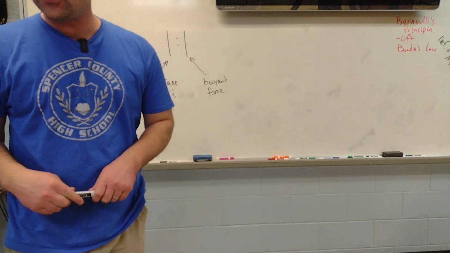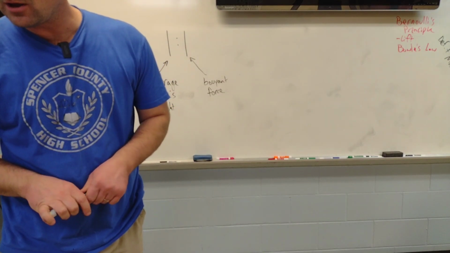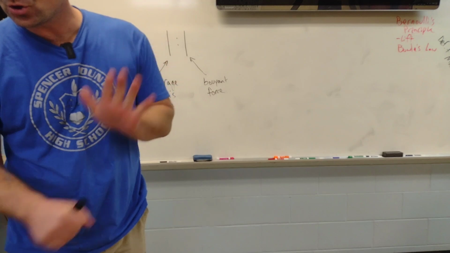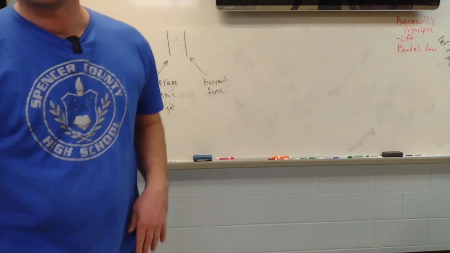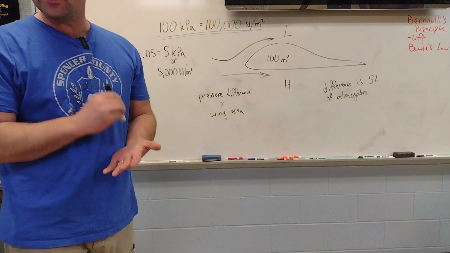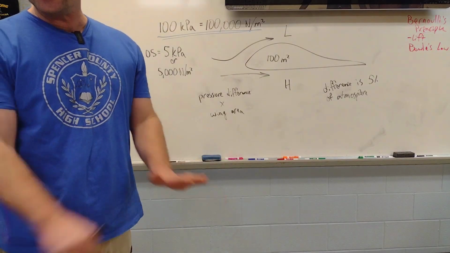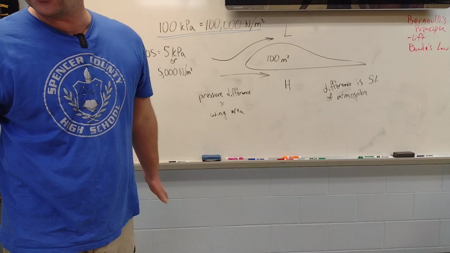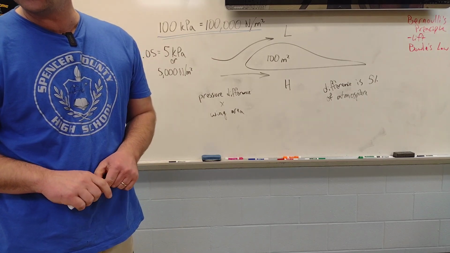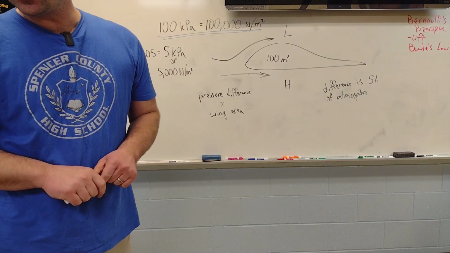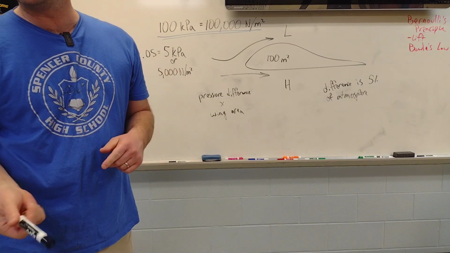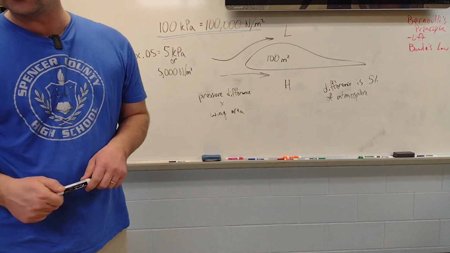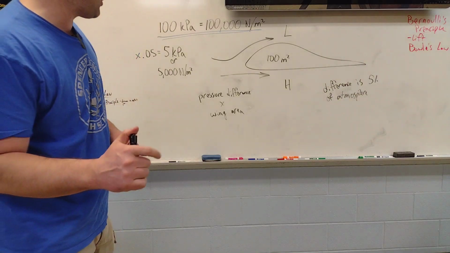And then we have number 42. It asks, how many newtons of lift are exerted on the wings of an airplane that has a total area of 100 square meters when the difference of air pressure below and above the wings is 5% of atmospheric pressure?